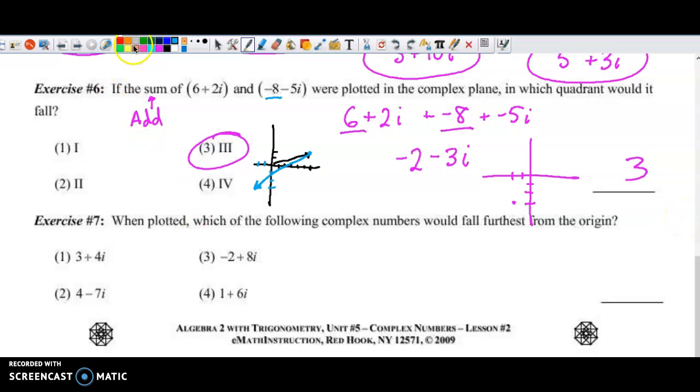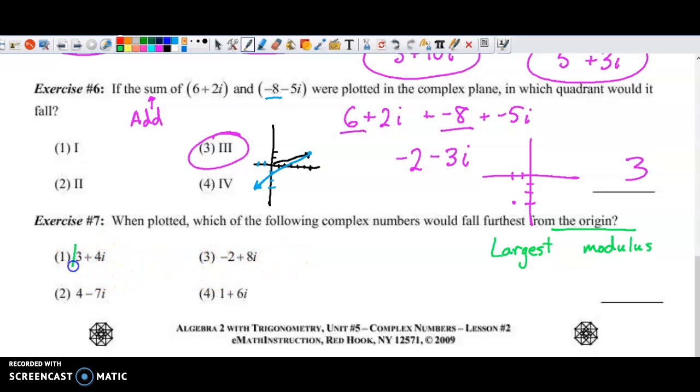So this last one, if you read between the lines, is basically asking for the furthest from the origin, which would be the largest modulus. Start to get used to this word, but it's basically the absolute value needs to be the largest, because there's some close answers.